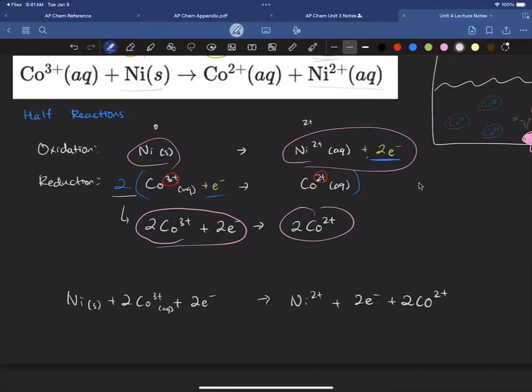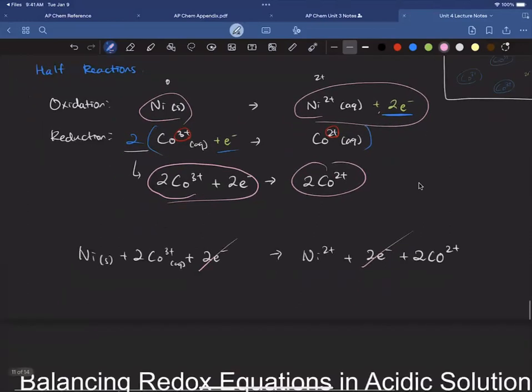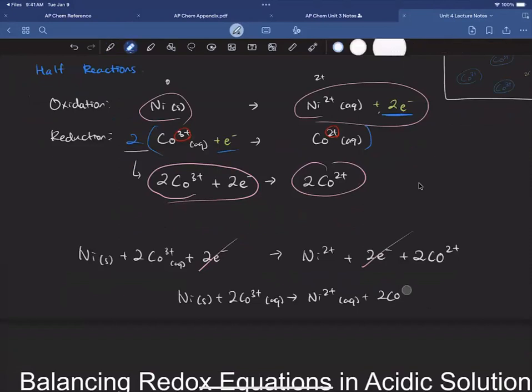After that, you eliminate the 2 electrons, and you're left with this equation.